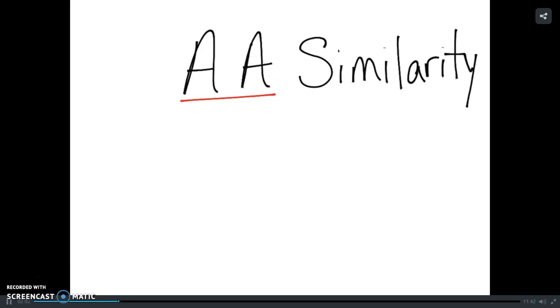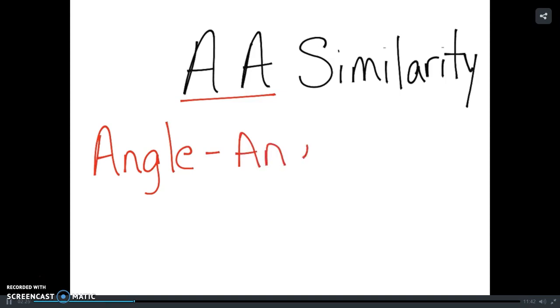This time they're going to be a little bit different. Some of the acronyms will be the same as what we talked about before, but you have to pay attention to what they mean. Remember that the acronyms are just there to help us remember and shorten it, but you still have to know how to apply them. So AA stands for angle, angle, so angle-angle similarity.